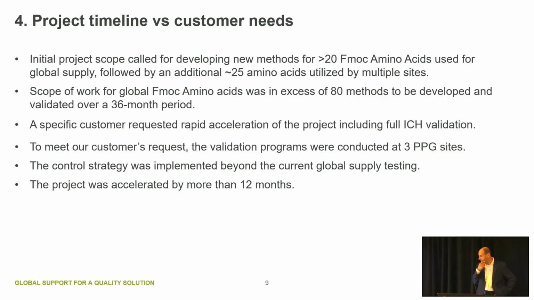And we also looked in scope for 25 additional amino acids that are used by more than 1 or 2 sites. There's a lot of popular non-natural amino acids that are now being incorporated a lot into peptide pharmaceutical development. So the initial scope was about to develop 80 methods or so, and we were looking at a 36-month or 3-year time frame to conduct this work.